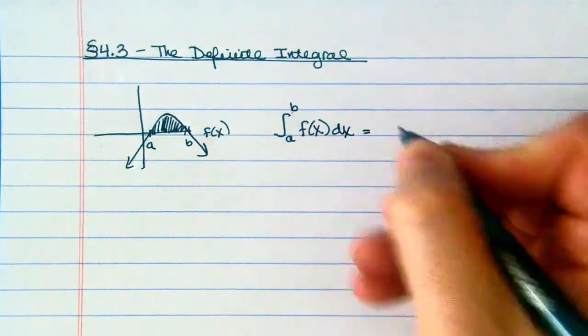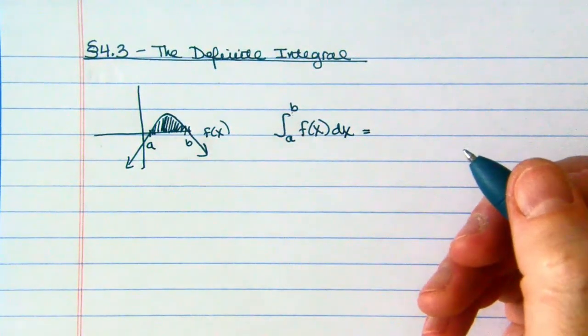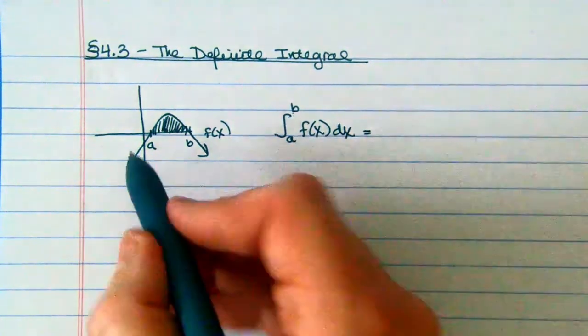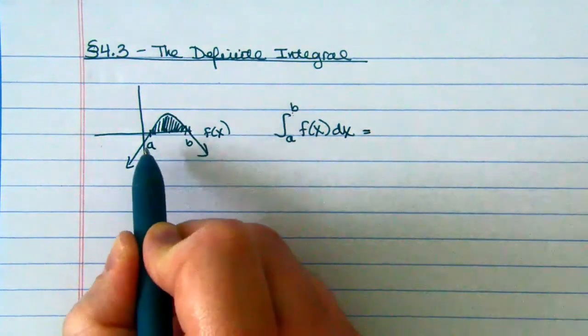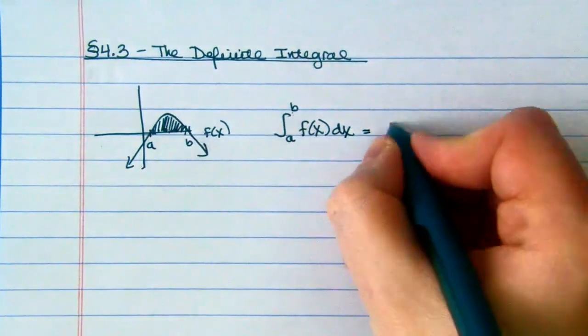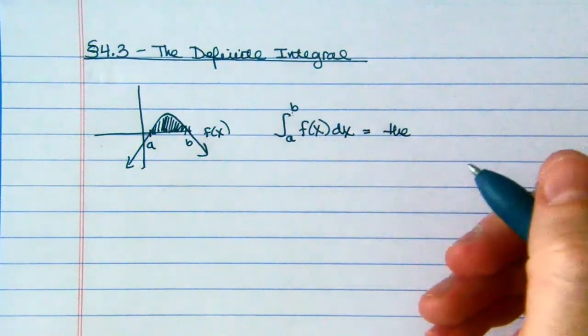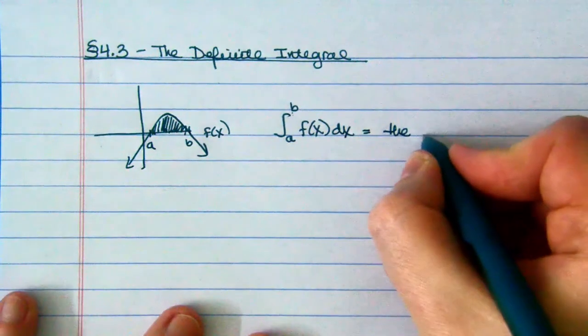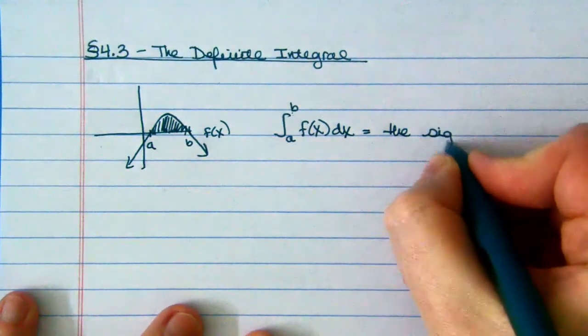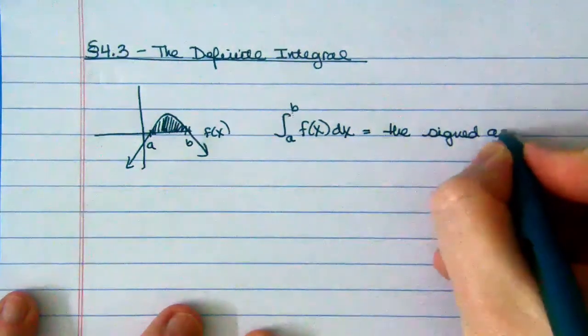This thing over here is going to find the area between f of x and the x-axis over the interval from a to b. Actually, I don't want to call it the area exactly. I want to call it the signed area. More with this in a moment.